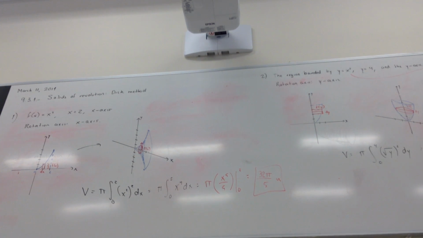Pi integral 0 to 4 of just y dy. Pi y to the square over 2 from 0 to 4. So the answer is going to be 4 to the square, 16 over 2 is 8 pi units because the 0 cancels.